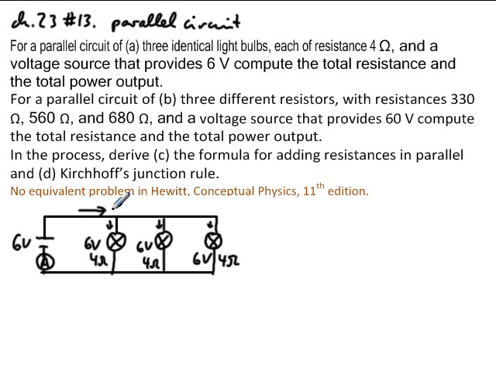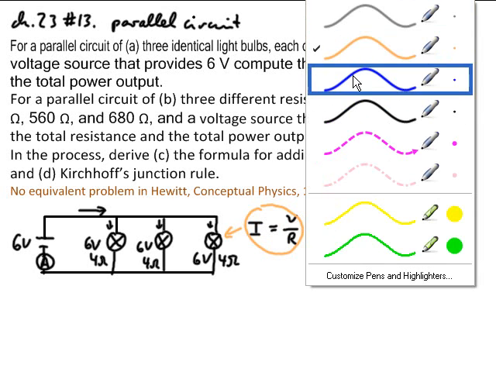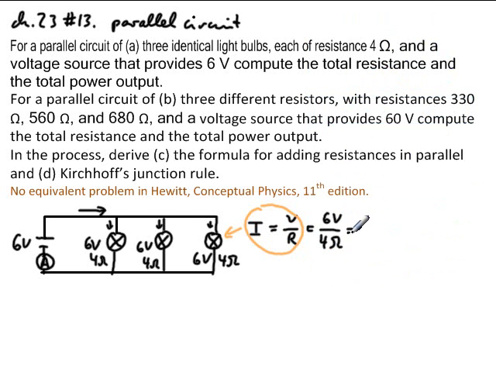It also said in here, I read that a moment ago, Ohm's law applies separately to each branch, and that's how we can determine the individual currents. So I equals V over R, which is individual currents. Remember, 6 volts divided by 4 ohms, so this is just as I used to do before, just applied to just one of them. And that, of course, comes out to 1.5 amps.